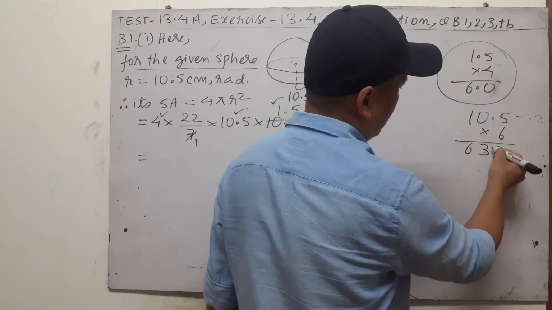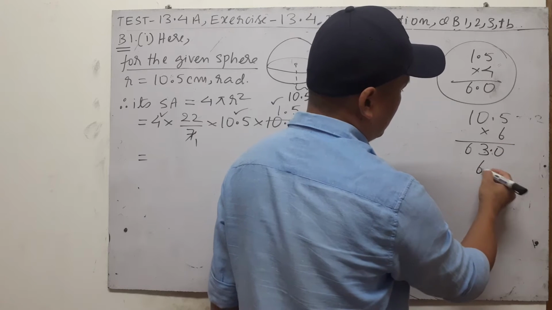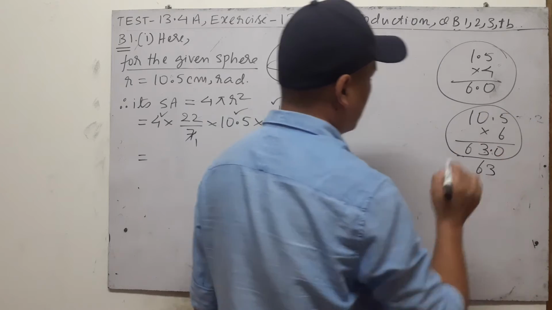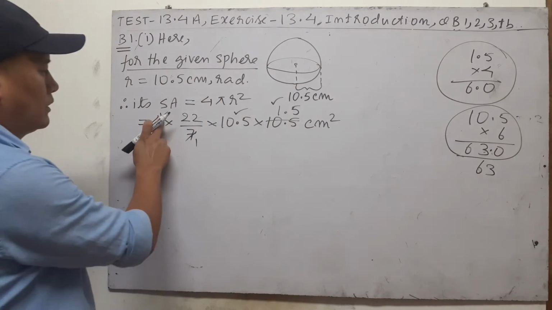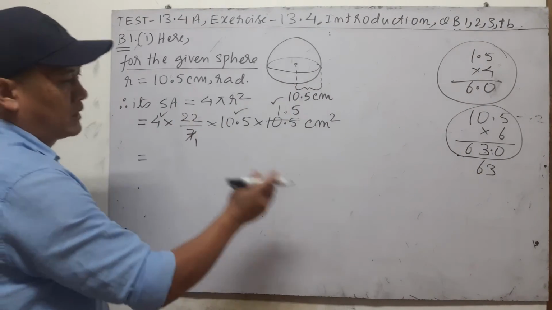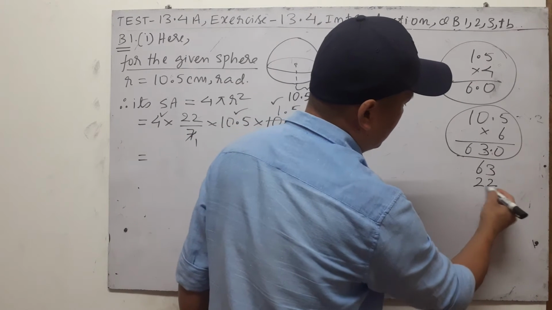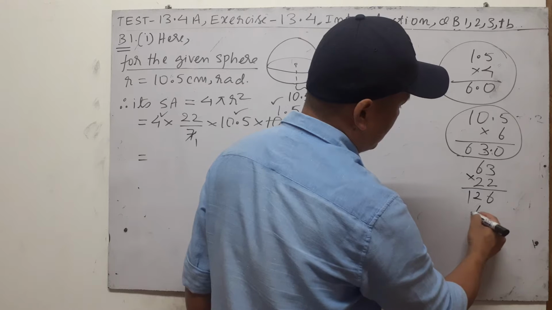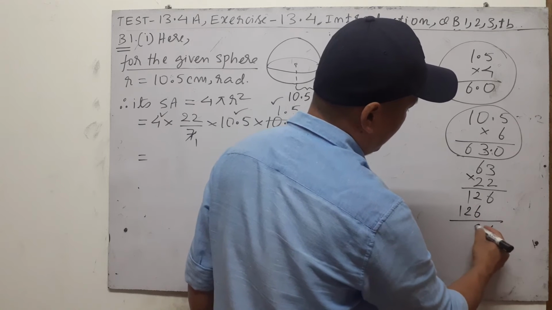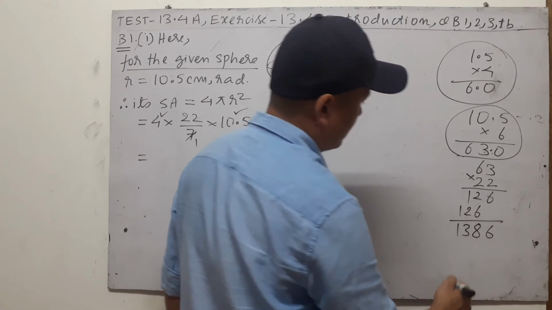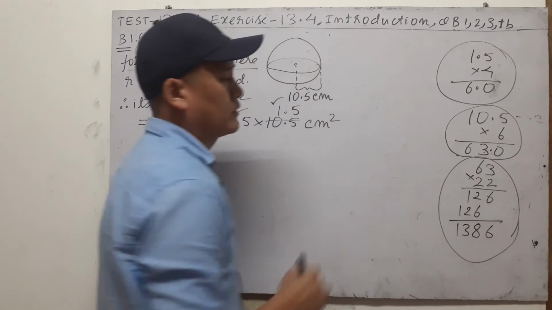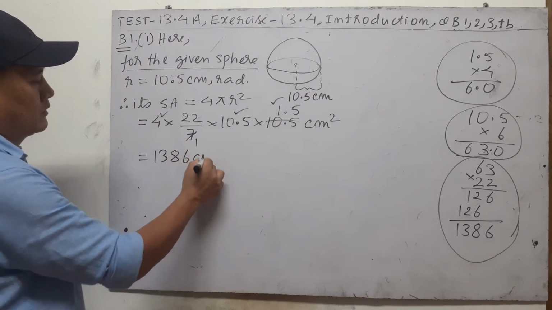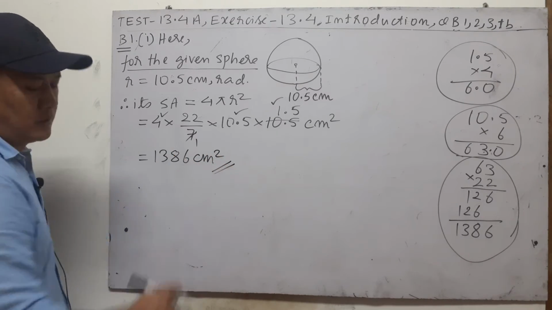Decimal 1 place, so 63.0 means 63. The next multiplication, tick tick, done. All multiplied here, multiply to 22, that will be your answer. 2 3s are 6, 6 2s are 12, 6 2 1, 6 8 3 1. So you can write all these things on your graph. 1386 centimeter square is its surface area.